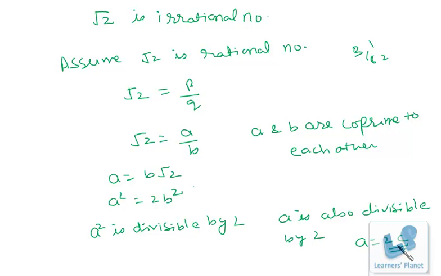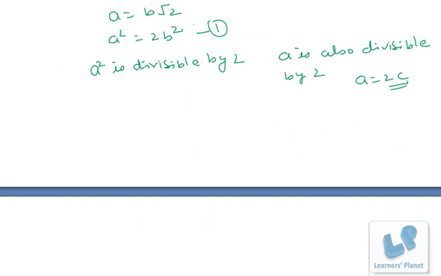Now I got the value of a as 2c, so I put the value of a in this equation, maybe this is equation 1. So it's 4c square is equal to 2b square. That means b square is equal to 2c square.